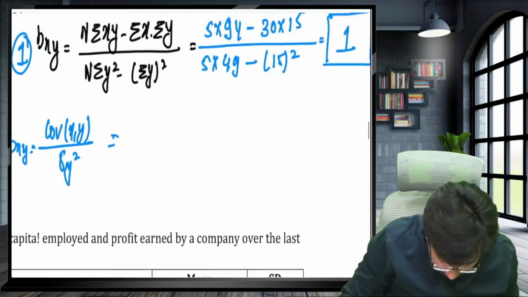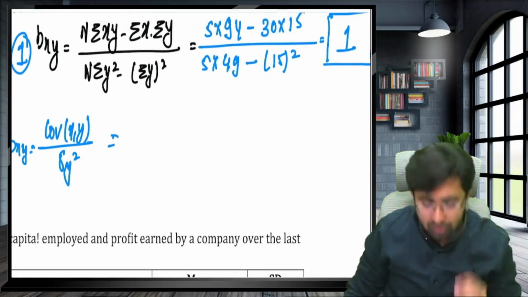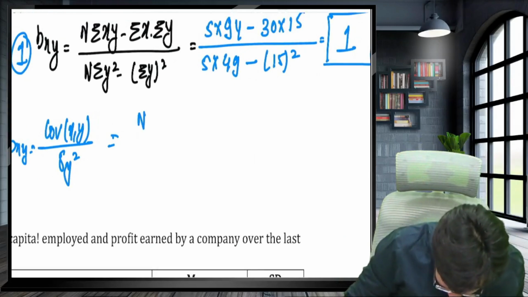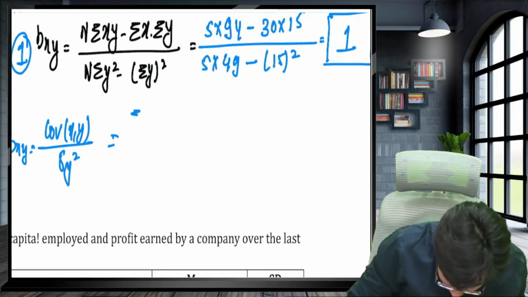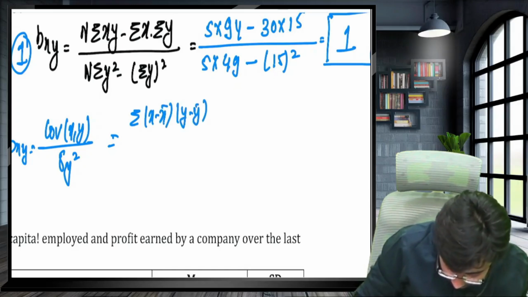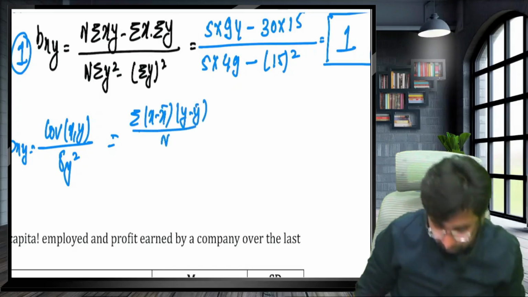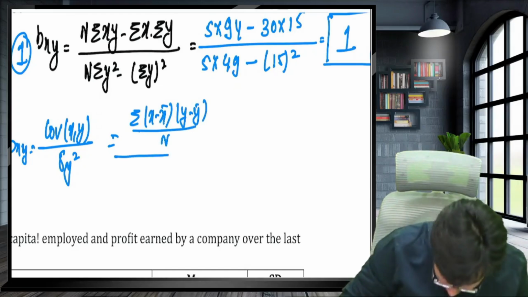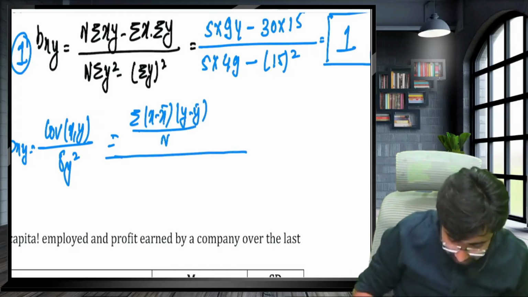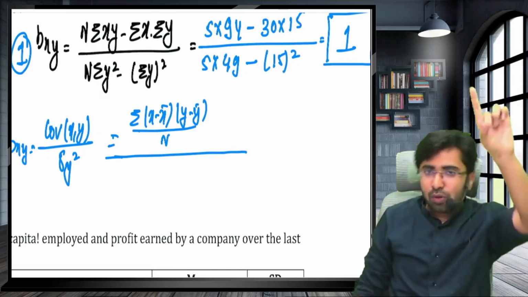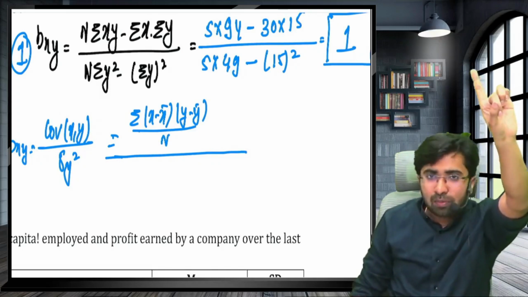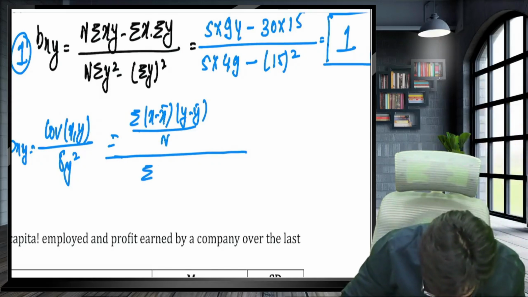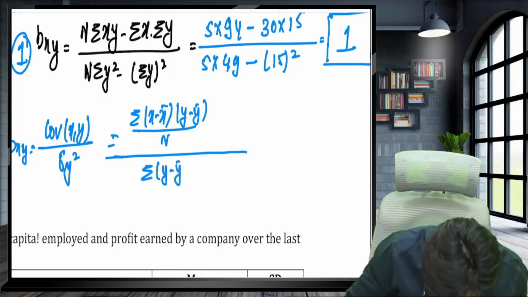Now expand covariance. What will be the expansion of covariance? Summation of x minus x bar into y minus y bar divided by n. Say yes or no. Whole divided by, what is the standard deviation of y whole square? Due to the square, the under root will be removed. It will be summation of y minus y bar whole square divided by n.